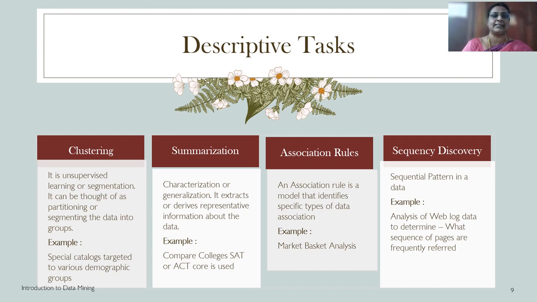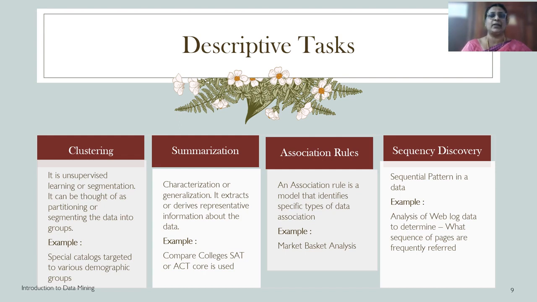Special catalogs are targeted to various demographic groups. When marketing people have collected more information, they can group and see what characteristics are hidden in each group, and they can target those characteristics on those groups.